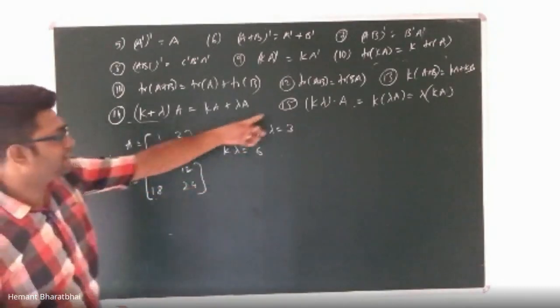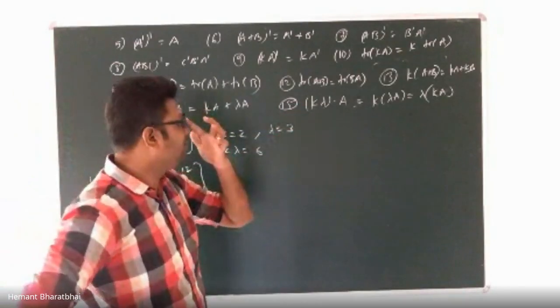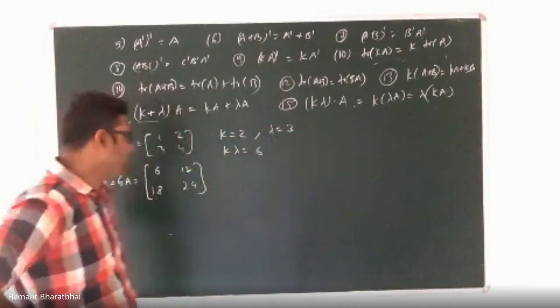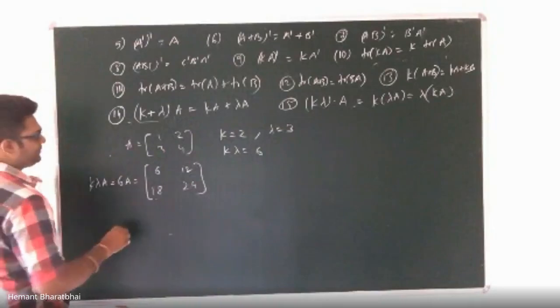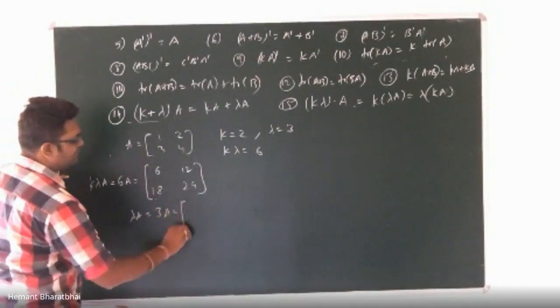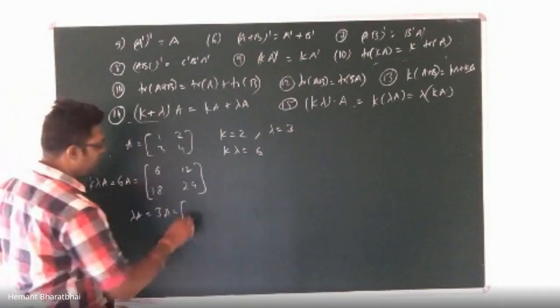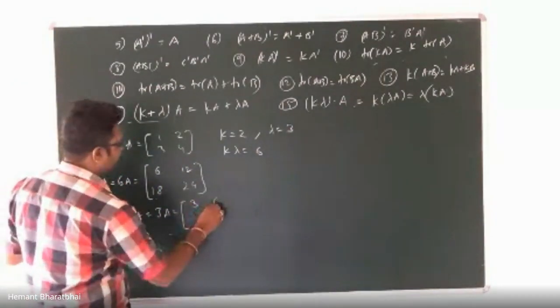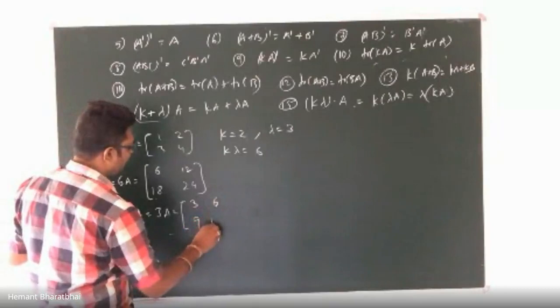Now let's see, that also will be equal to K into lambda A. So my lambda A will be nothing but 3A. So this will be 3 into 1, that is 3, this is 6, 9 and 12.